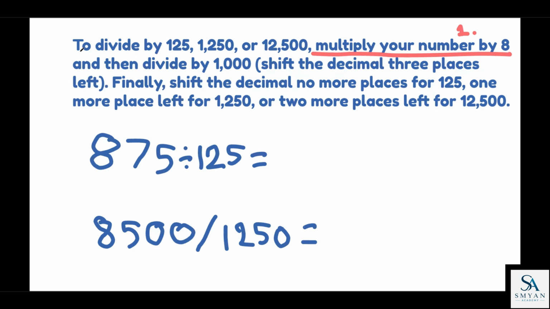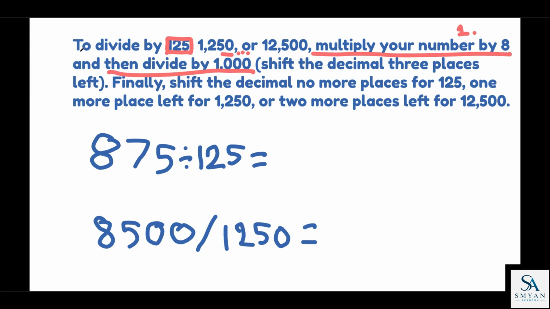Check out my video about how to multiply with 125, 1250, and 12,500. And by the way, this trick works for any number that has 125 at the front. They could have infinitely many zeros and this trick will work.